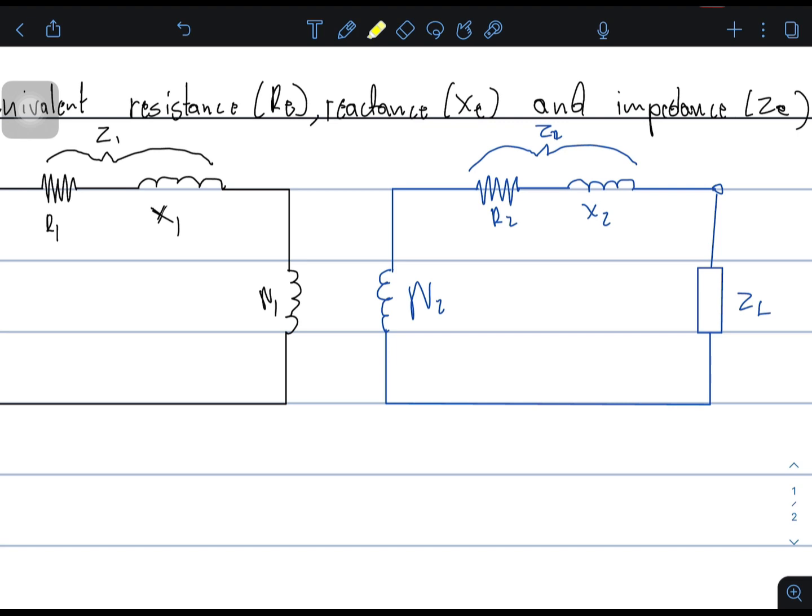did transformers, ne? So we started by looking at a transformer at no load, then we looked at a transformer at load.